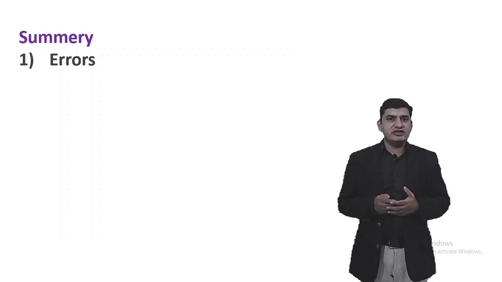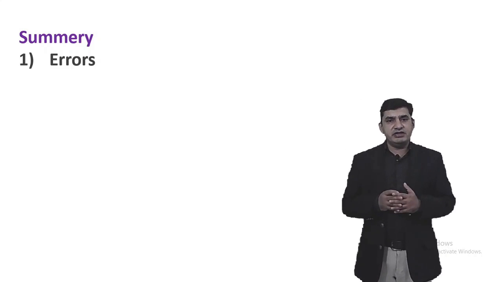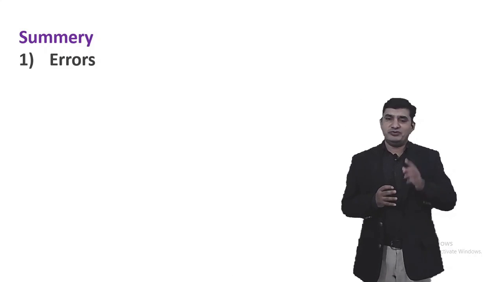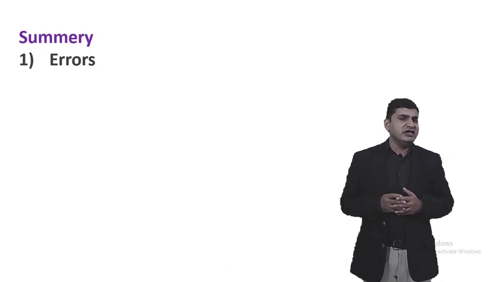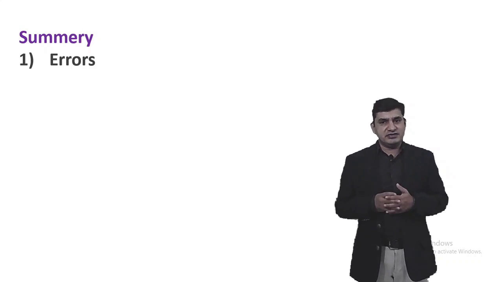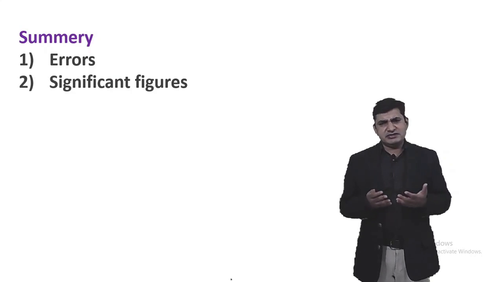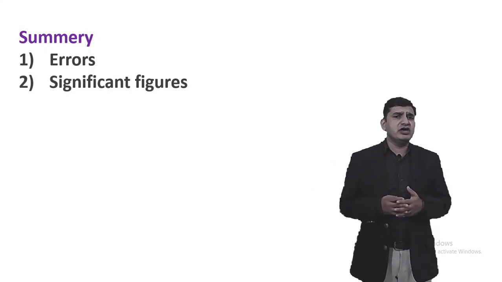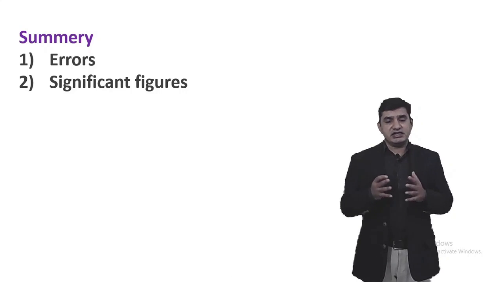So in this lecture we discussed error. Error means the difference between the standard result and measured value, or true value and approximate value. There are different types of error, that is inherent error, then numerical error, and there are also truncation errors. These are all the errors.